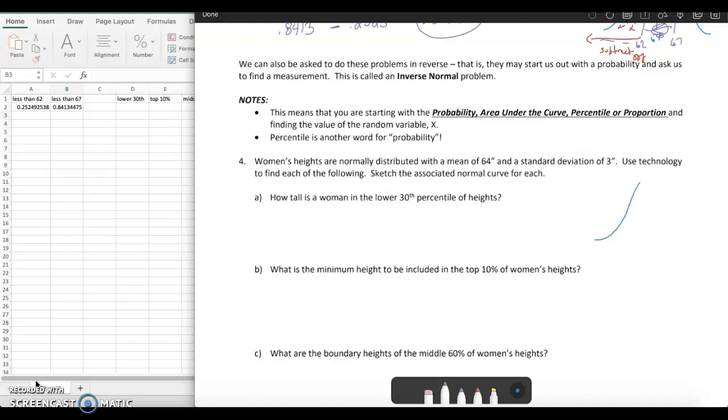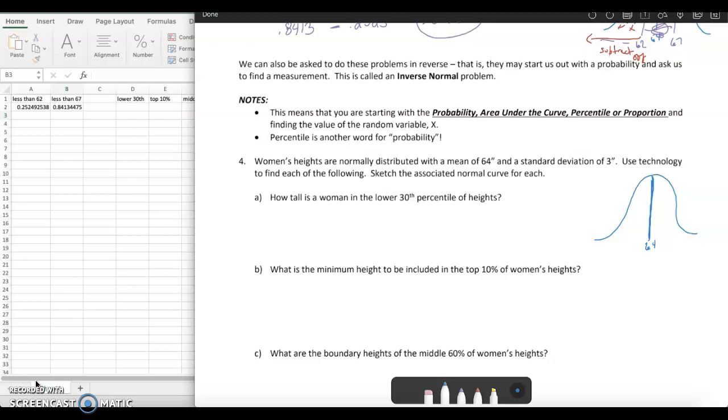This means we have a normal curve, centered still at 64. We know that anything below 64 is the lower 50th percentile, right? Because it cuts it right in half. So either side of that line is 50% of the curve. And they're asking us at what value would we find 30% shaded on the lower end?